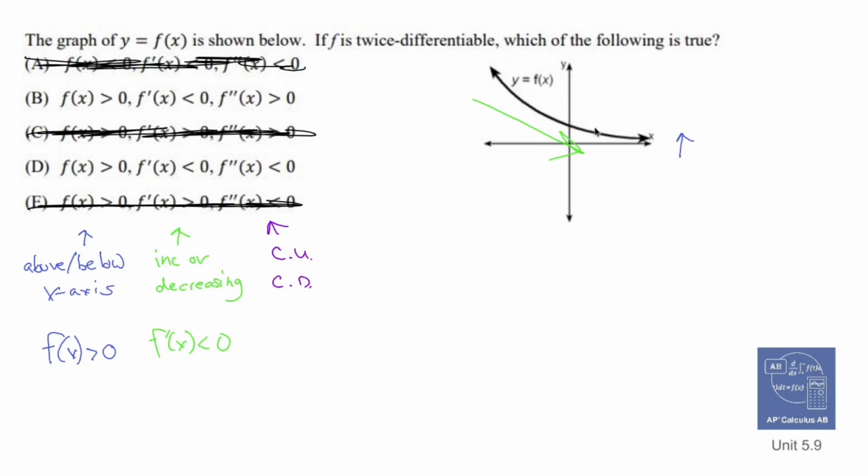This function is concave up, which means f double prime is positive, which eliminates another and gives me the answer. So B is going to be my answer for that one. Fun stuff.